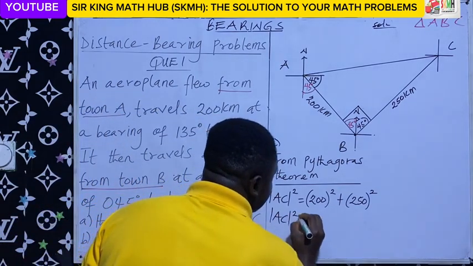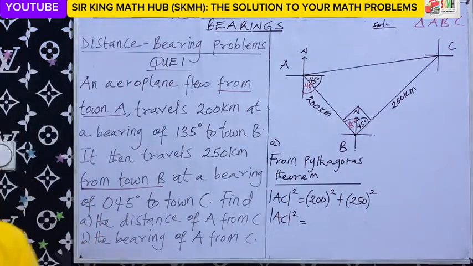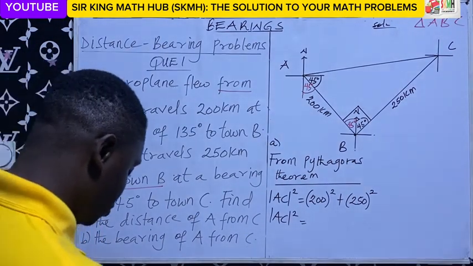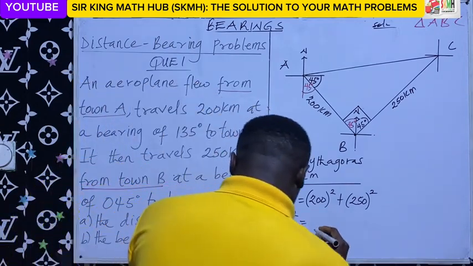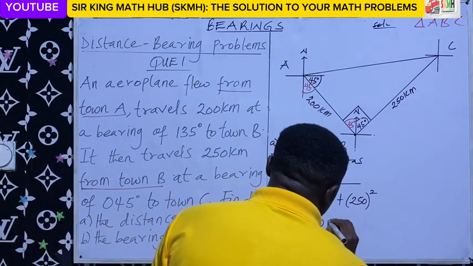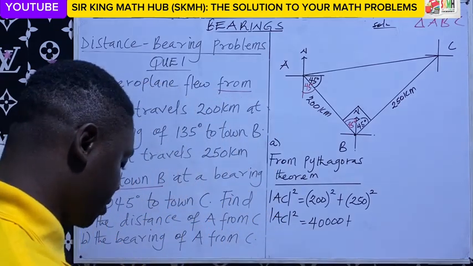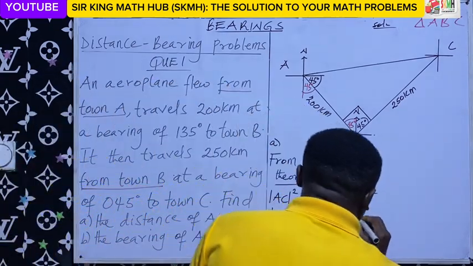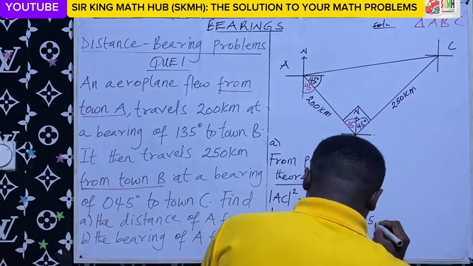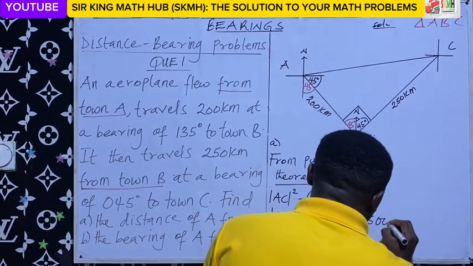AC squared is equal to, what is 200 squared? That is giving me 40,000. And then 250 squared is 62,500.